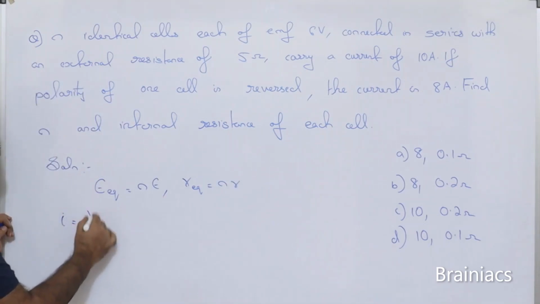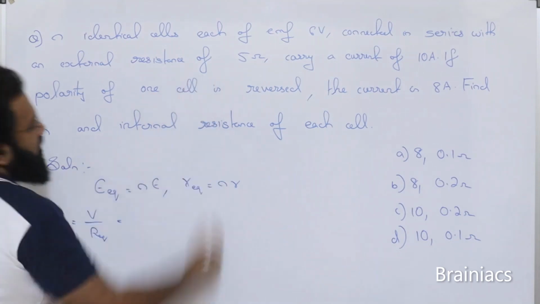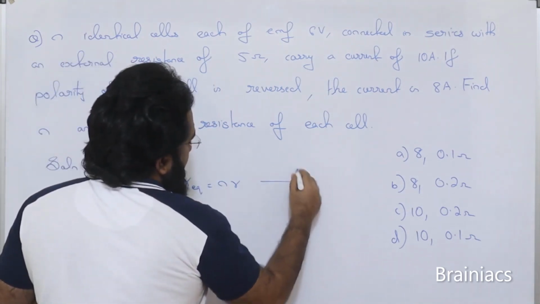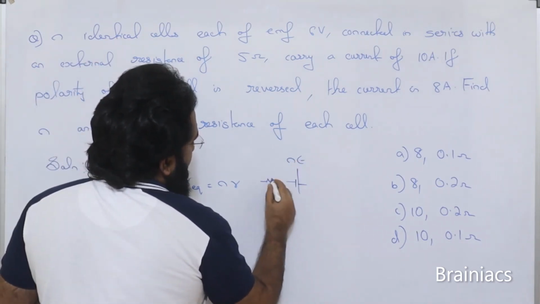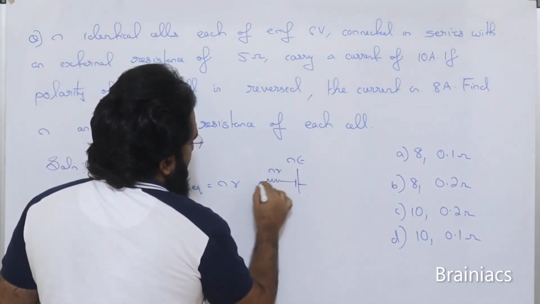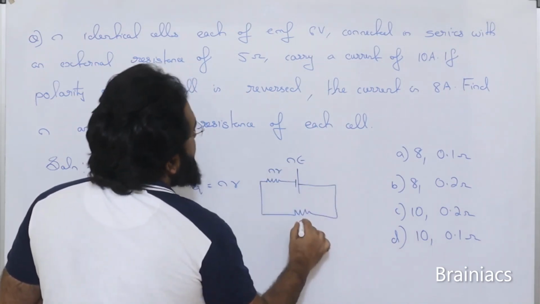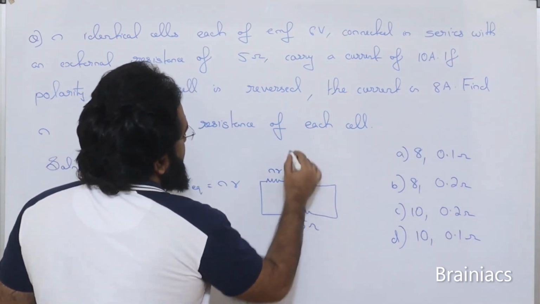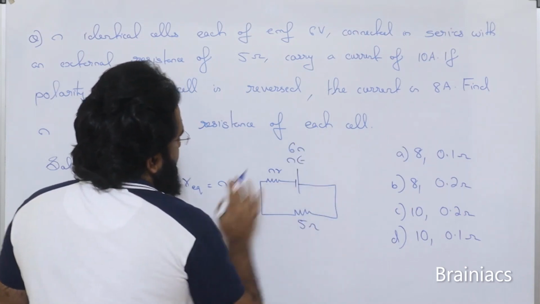Current is going to be V by R equivalent. External resistance 5 ohm is also there. So suppose equivalent EMF is nE and internal resistance is nr, then there will be an external resistance of 5 ohm, and the EMF is 6n.